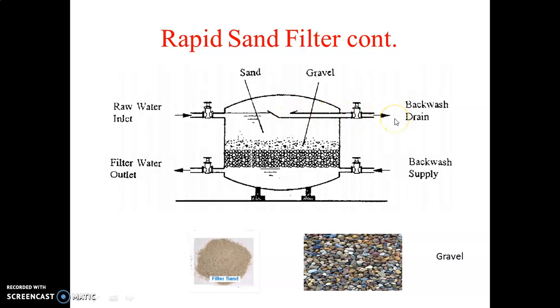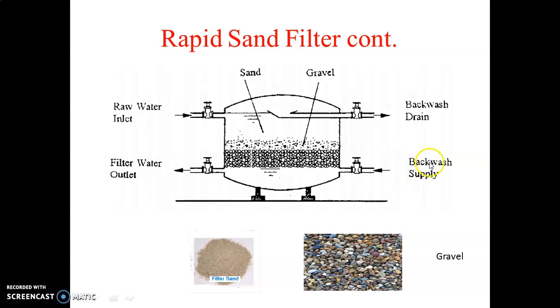In this way we use the rapid sand filter. In a rapid sand filter, you just add the water from here. The water gets filtered, and the clear water is taken out from this side. After 1 or 2 weeks, depending upon your application, some solid material is deposited on these beds.